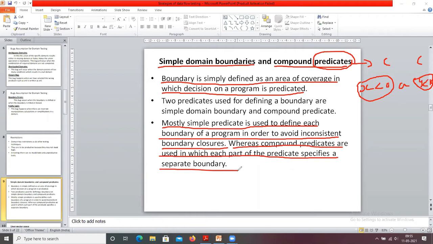For example, x greater than or equal to 0 and x less than 17 specifies two domain boundaries by one compound predicate.